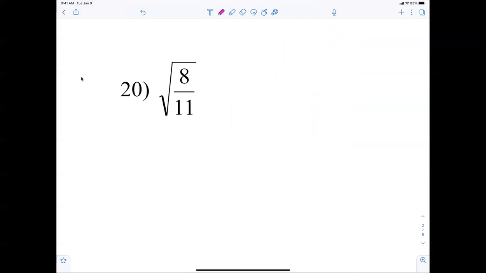Now, when you're looking here, this was what we did on Friday, but we still have to break down the square root of 8. So I want everybody to rewrite this as square root of 8 over square root of 11. I think that's helpful. Now, everybody should be able to say the square root of 8 is just 4 and 2, which is 2 radical 2.